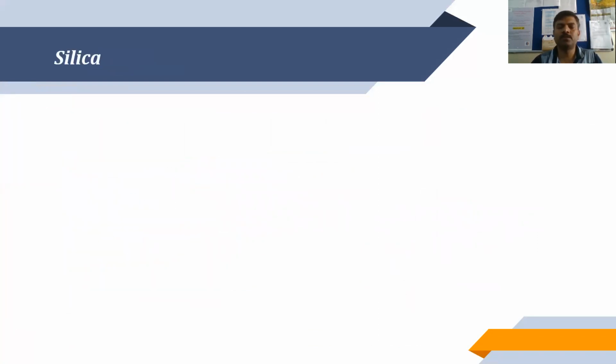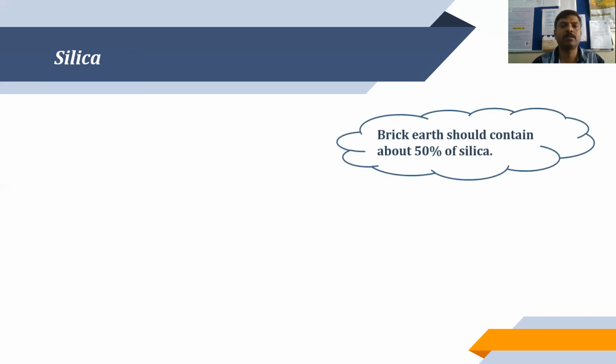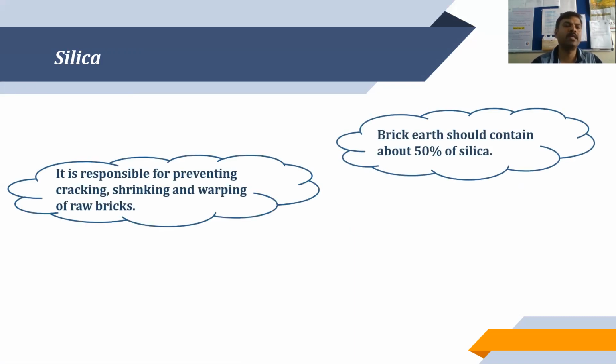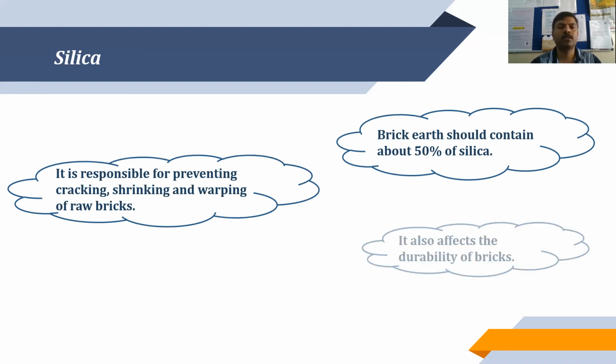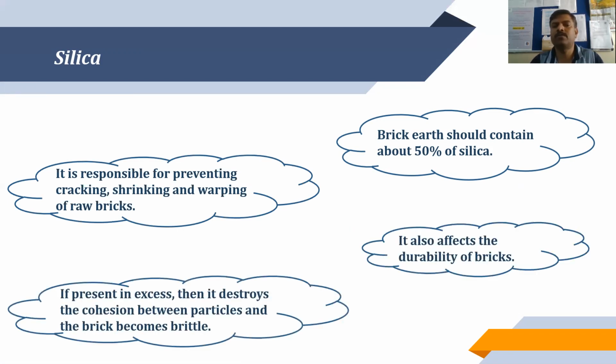Now come to the different materials or constituents which have to be present in a good quality brick. The first one is silica. These are the four basic properties that silica adds to the brick.